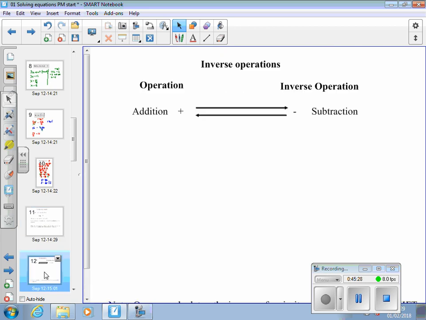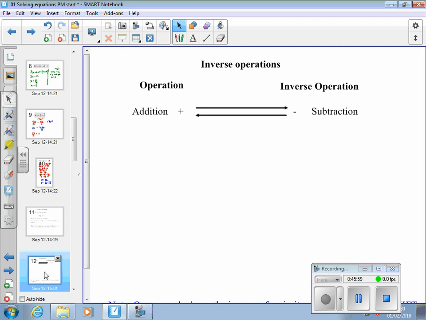First of all, the key to this is knowing mathematical operations that are opposites of each other, that allow you to move things from one side of the equation to the other. Addition is the opposite of subtraction. So if you're looking at how that number or letter is attached to this side of the equation, I've got to do the opposite operation to move it over to the other side.